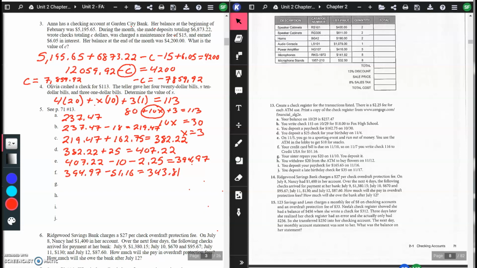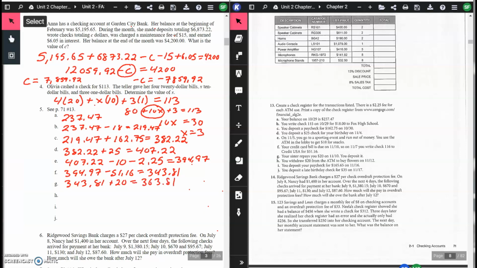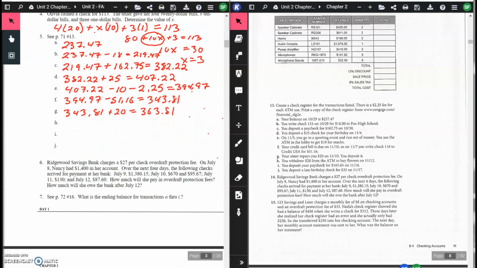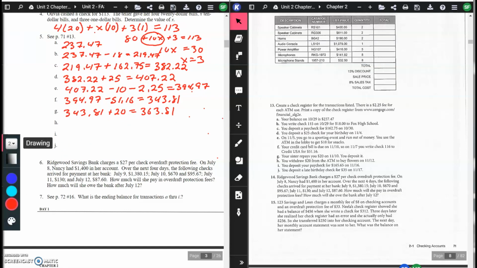Your sister repays you $20. You deposit it. So $343.81 plus 20 gives you $363.81 for your new total. Okay. Part H says you withdraw $20 from the ATM to buy flowers.